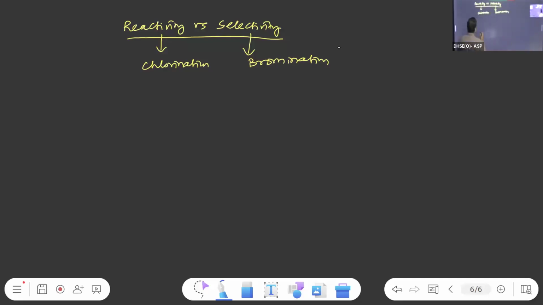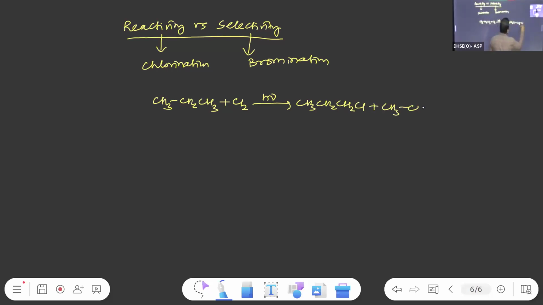For example, take the compound propane. Upon chlorination, propane makes two compounds: one is 1-chloropropane and another is 2-chloropropane.